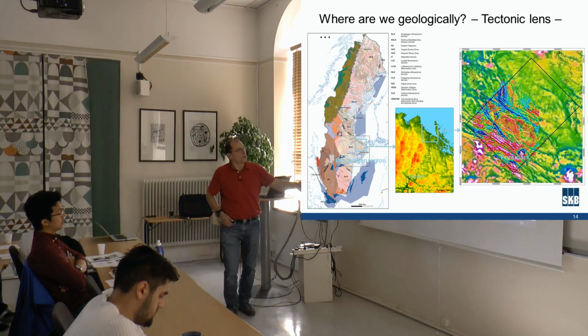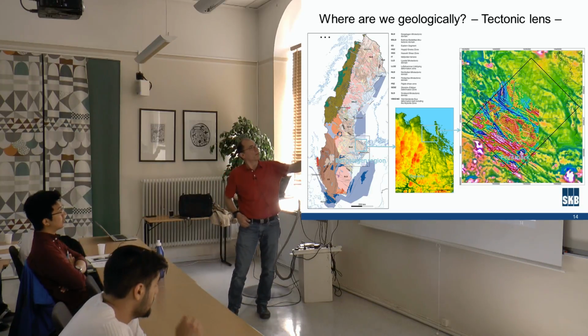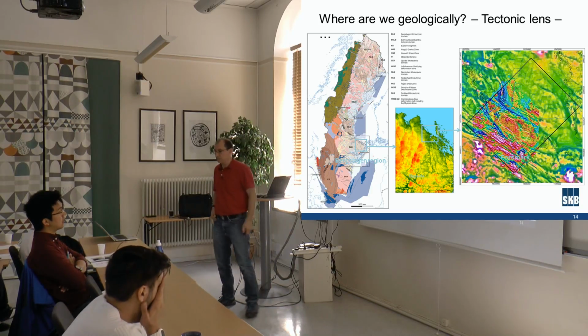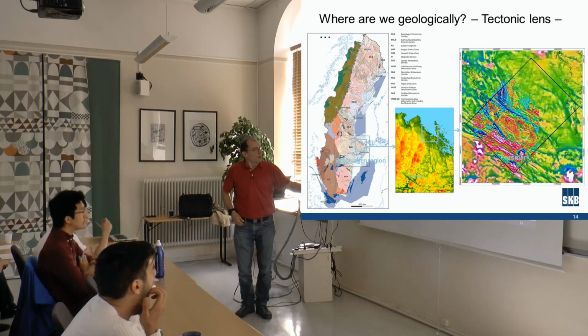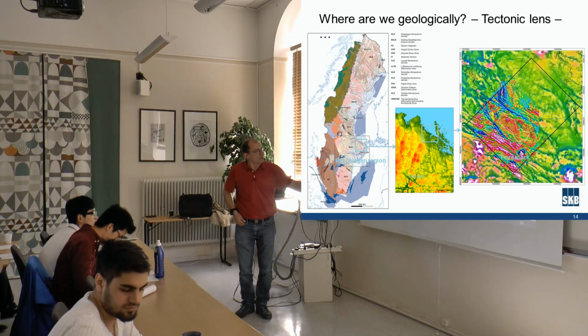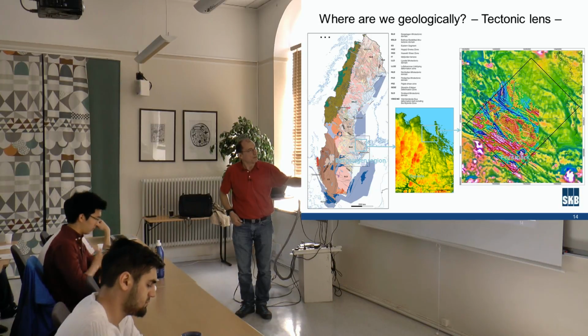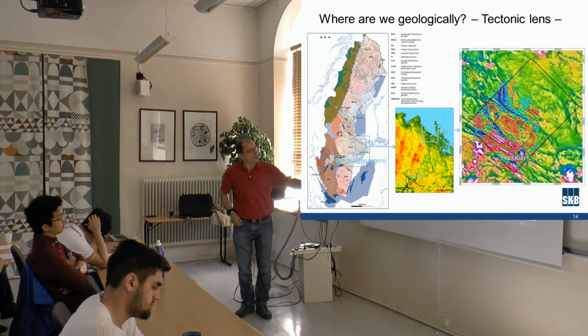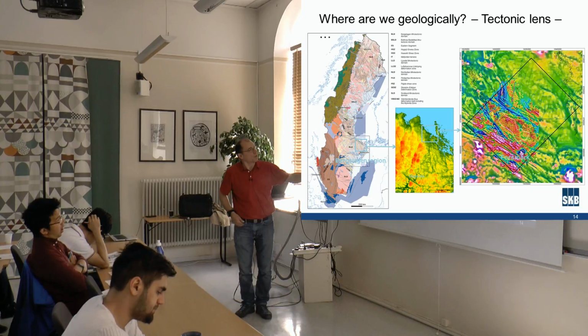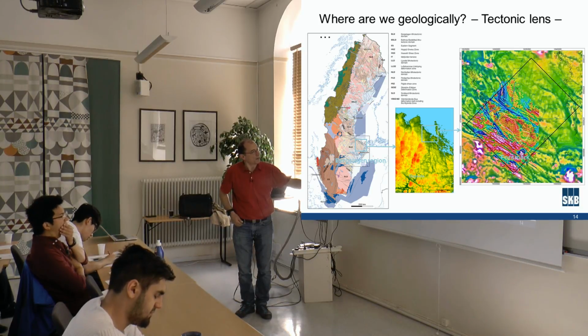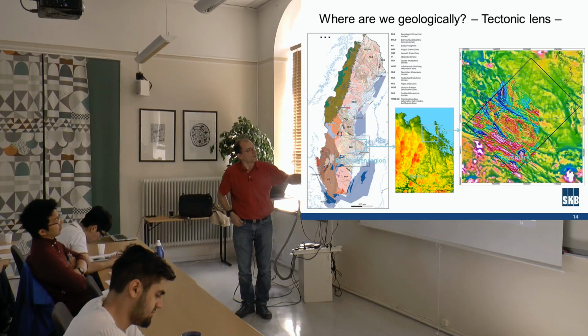This is actually the border of something called a tectonic lens. And the siting of the repository is inside, on the top of the tectonic lens. If you have some imagination, you can see that it goes up like this and back and going down like this and turns again. So this one is the Forsmark tectonic lens.